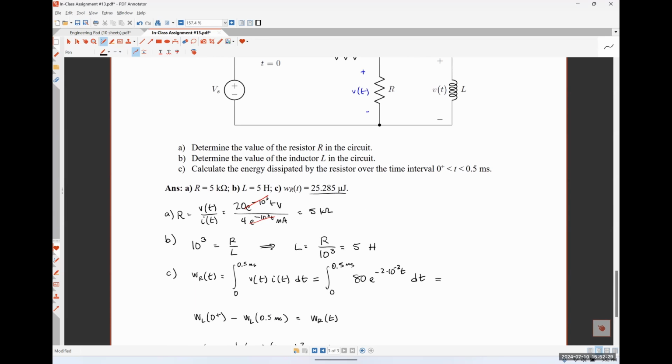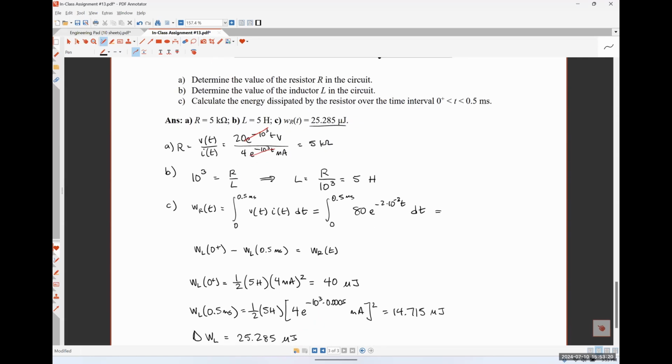If I threw that in my calculator, because I'm too lazy to do that integral by hand, I just got the 14.715 thing.